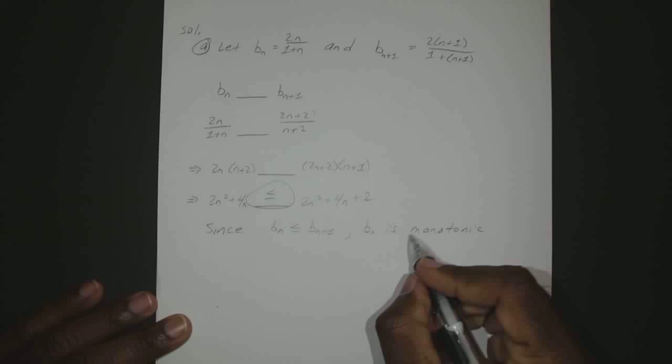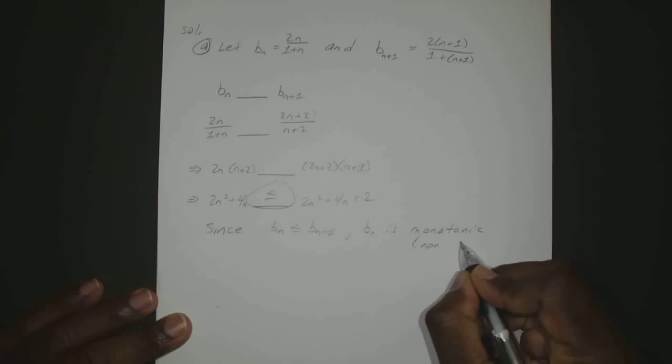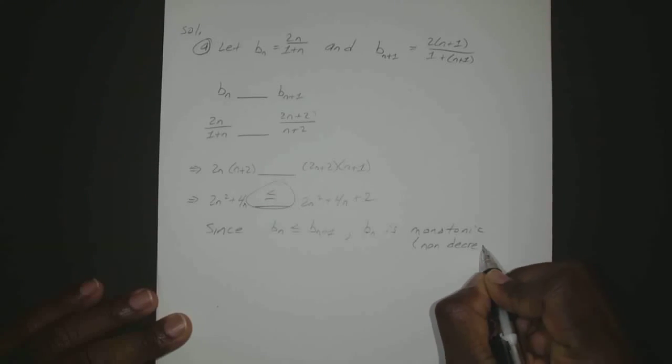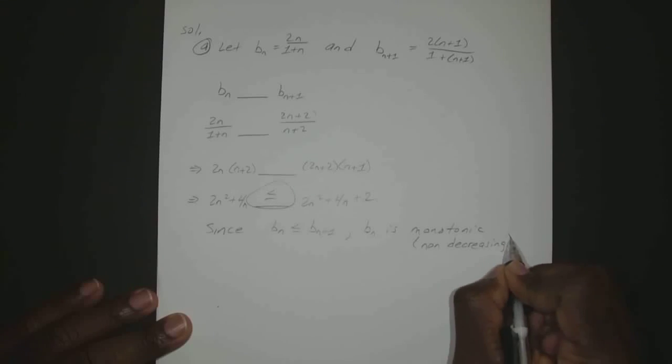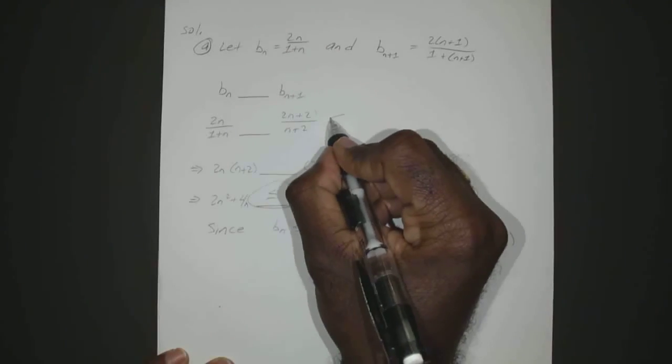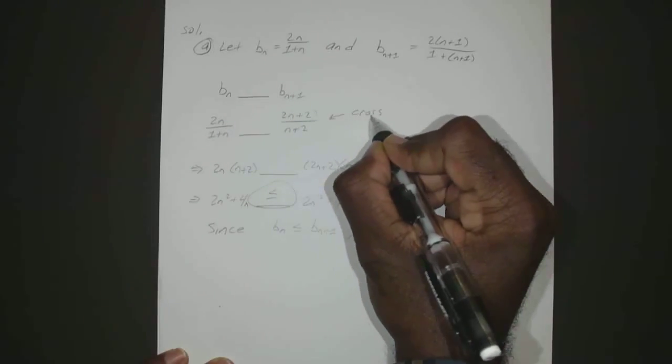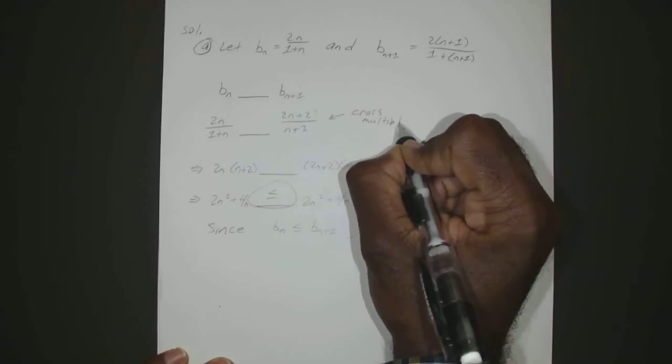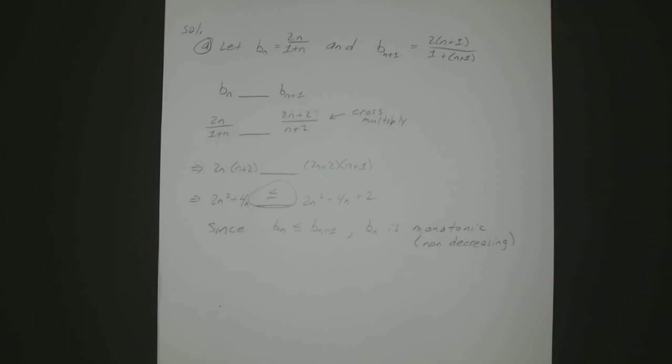So it's monotonic, which means it's non-decreasing. Let me put the instruction here: cross multiply. All right, any questions on that one?